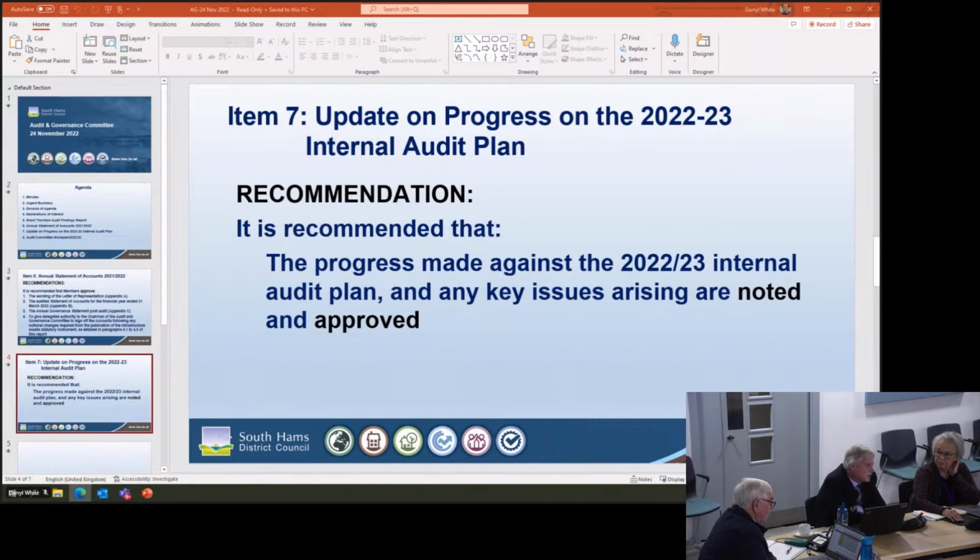So I suppose there'll be latitude for councils to decide when to support that activity if they want to do it, being aware of work demands and so on.